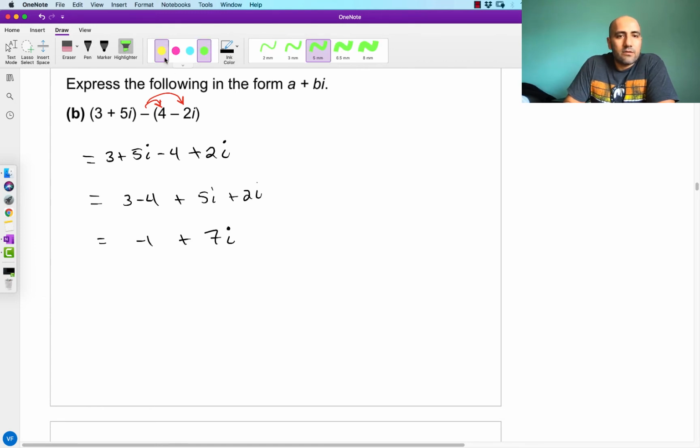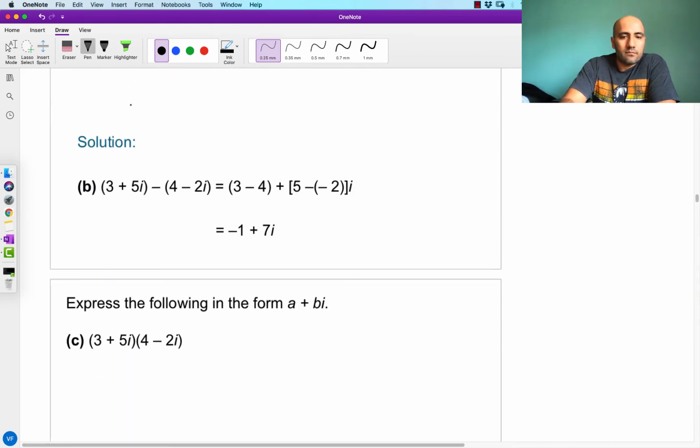Again, this is going to be the real part of my complex number solution, and this is the imaginary part of my complex number solution. -1 plus 7i is what the author did, same thing.